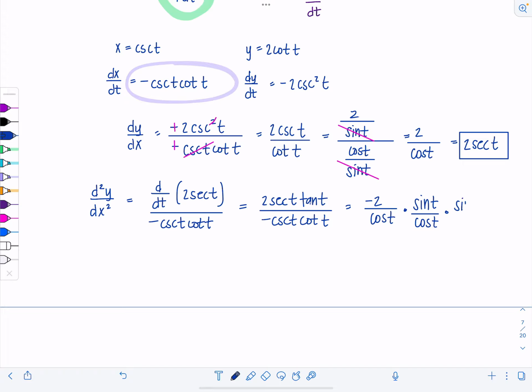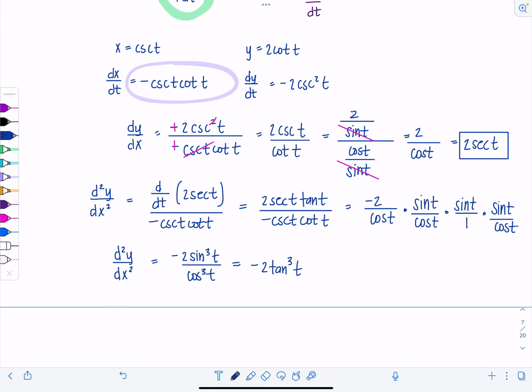So I have another sine t over 1. And then cotangent t in the denominator means you really have another tangent t. So I have another sine t over cosine t. Did anything cancel? No. Oh, that's depressing. Okay, so the second derivative is going to be negative 2 sine cubed t over cosine cubed t. So that's negative 2 tangent cubed t.